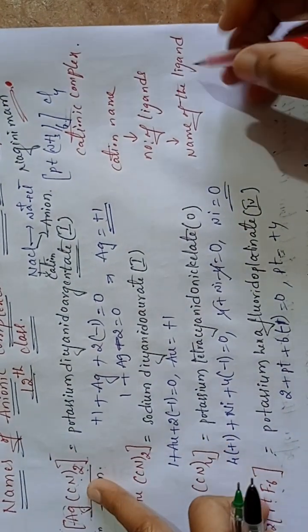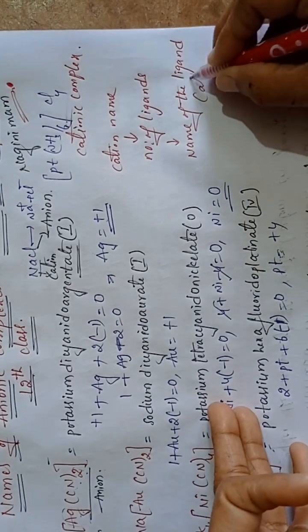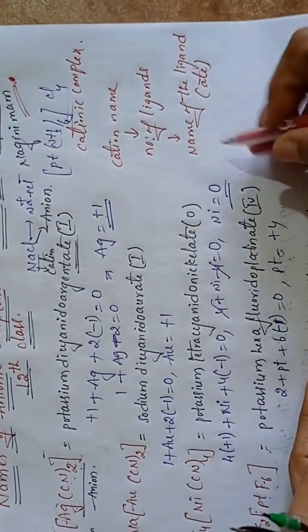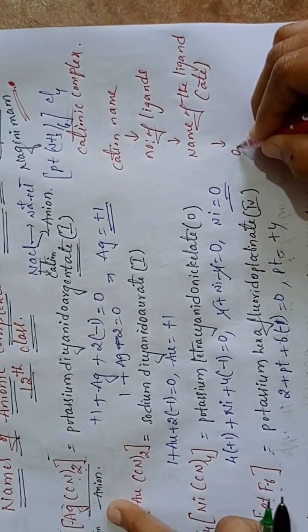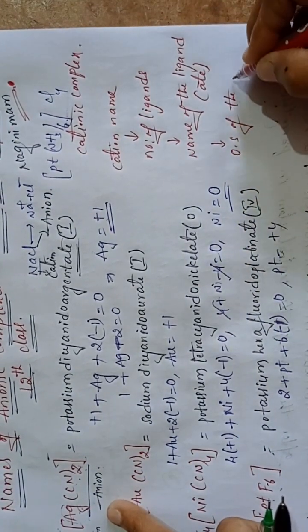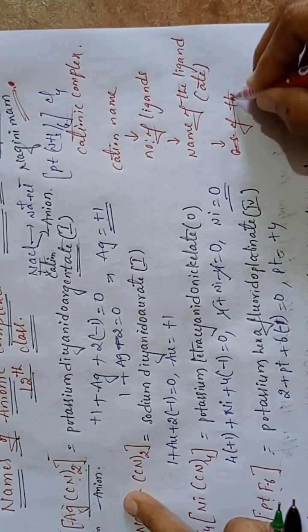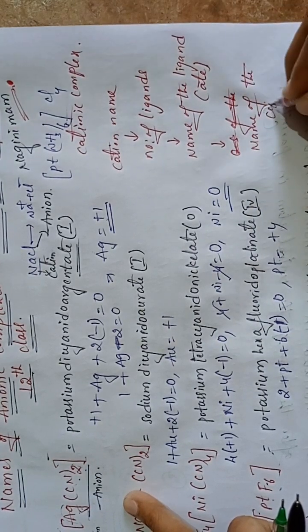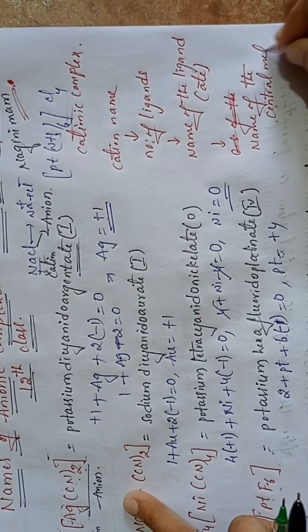In anionic complexes, to the name of the central atom we have to add the suffix ate. Number of ligands: di, tri, tetra, like that we have to use. Name of the ligand, after that the name of the central metal atom.